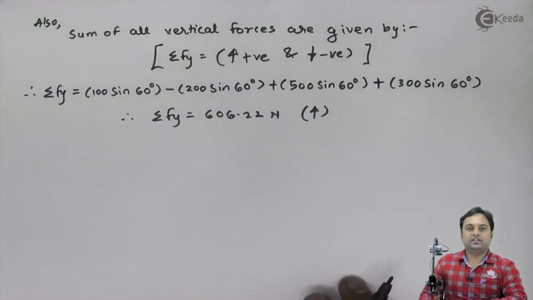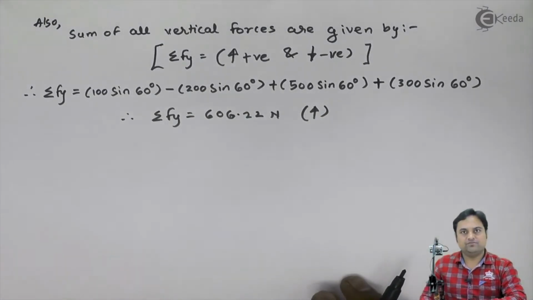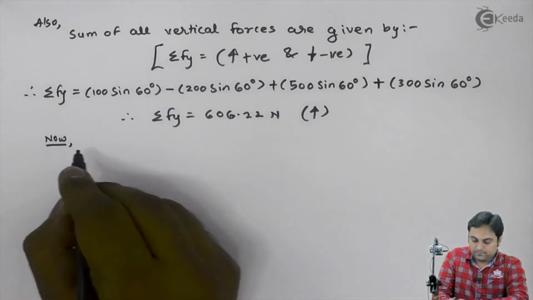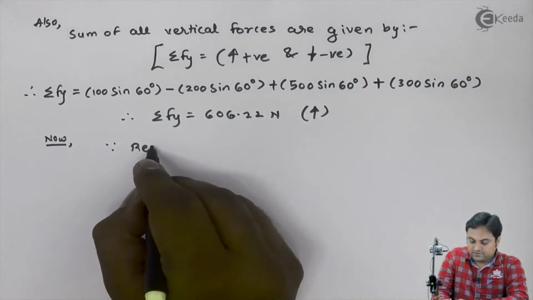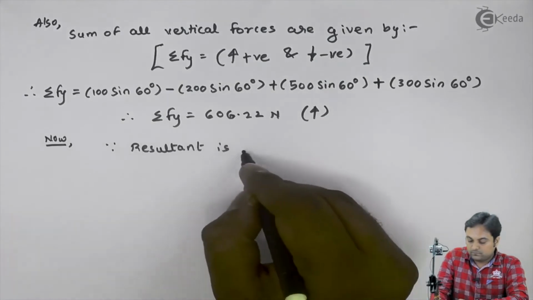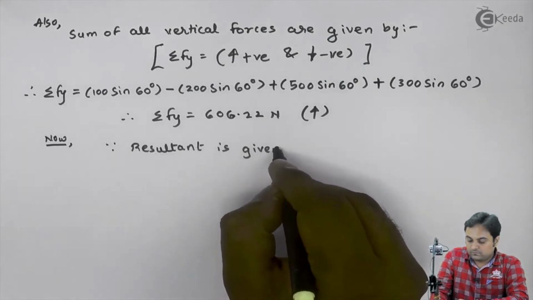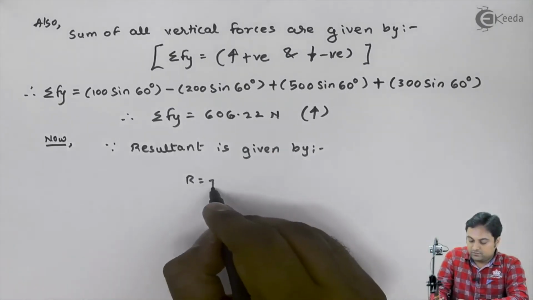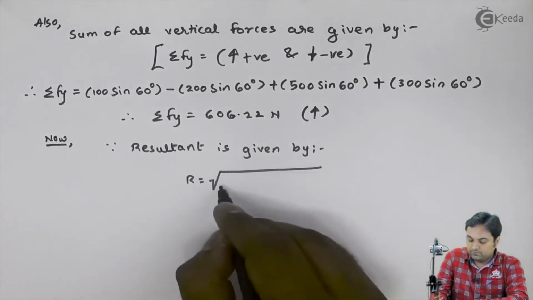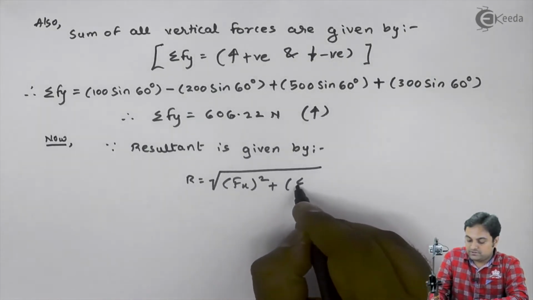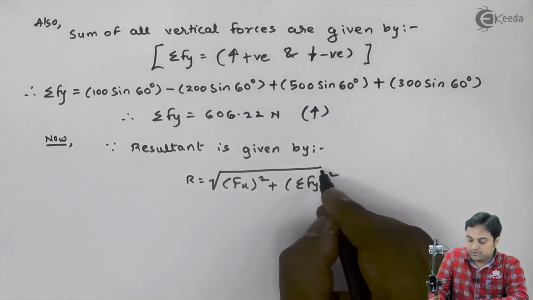So once I have calculated summation fx, summation fy, now I can go for the calculation of resultant. Since resultant is given by capital R is equal to square root of summation fx whole square plus summation fy whole square.